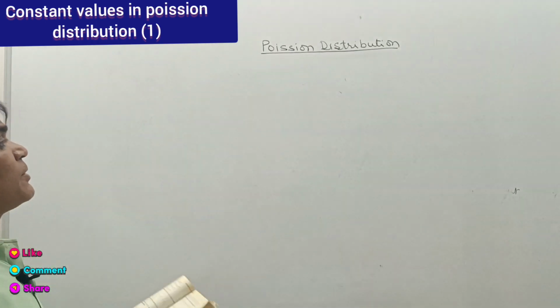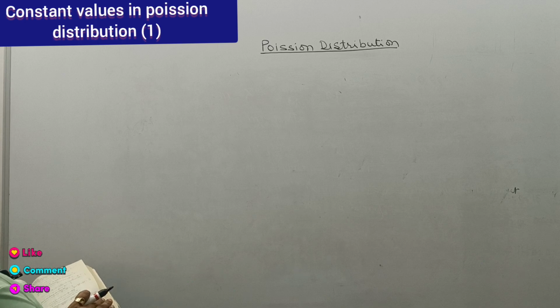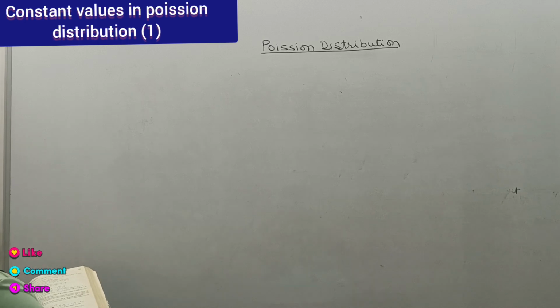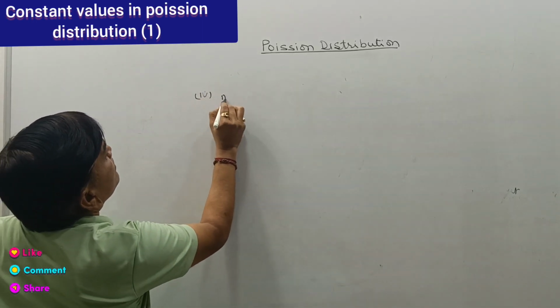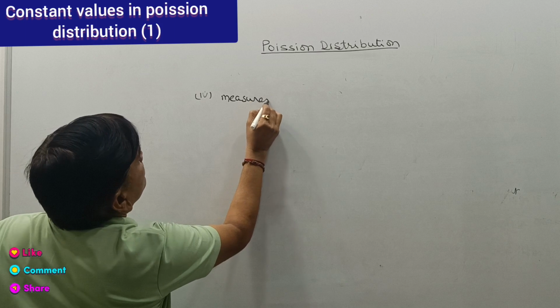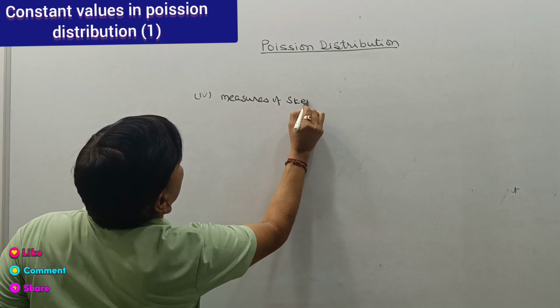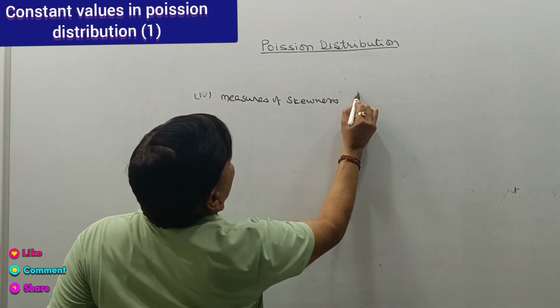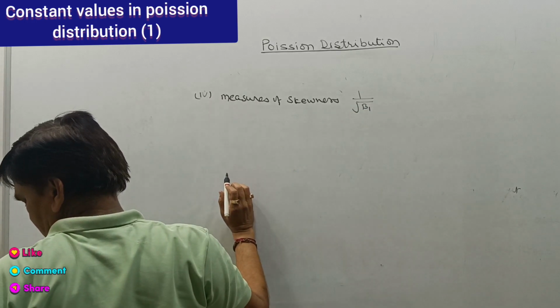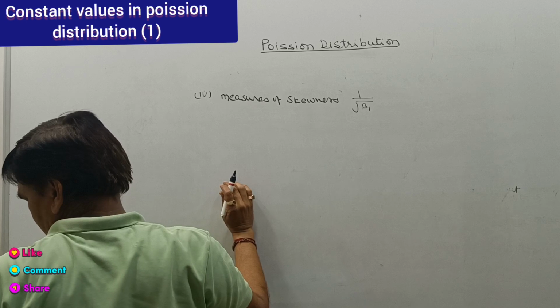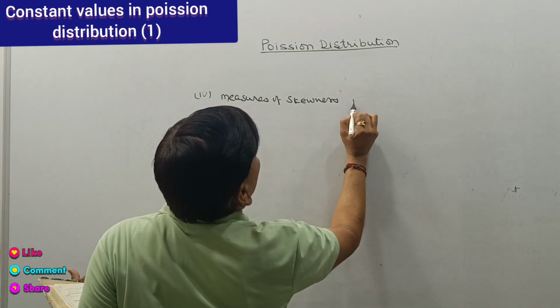If we want to calculate skewness, the measure of skewness, that is fourth, is root beta 1, sorry, that is beta 1.